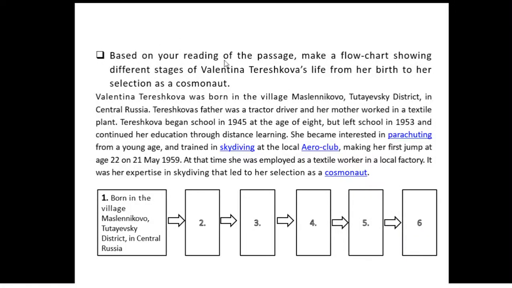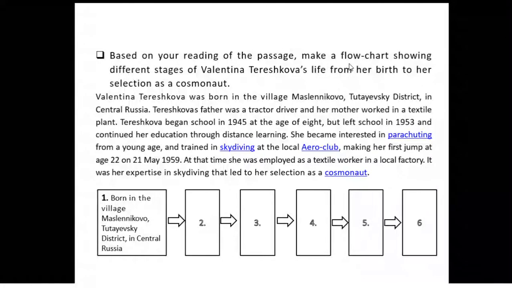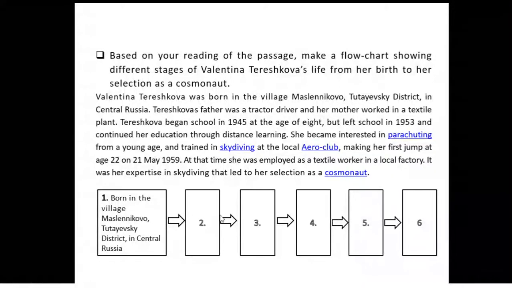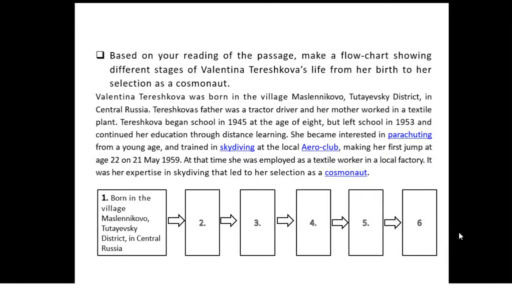Based on your reading of the phases, make a flowchart showing different stages of Valentina Tereshkova's life from her birth to her selection as a cosmonaut. Here you find one sample answer and 5 boxes.